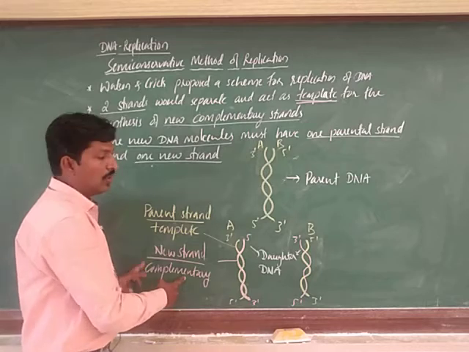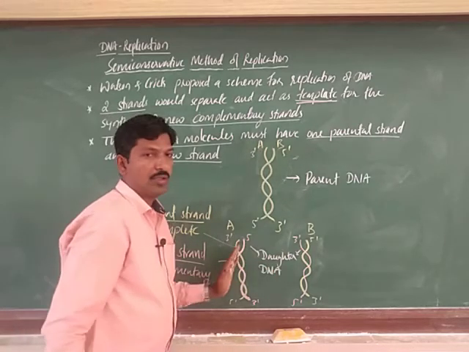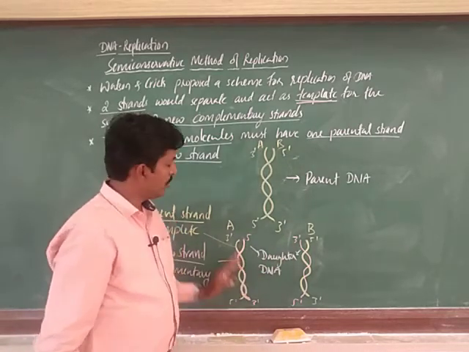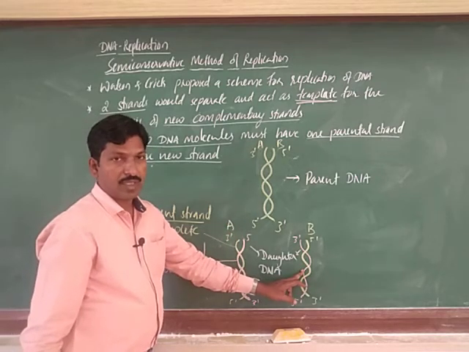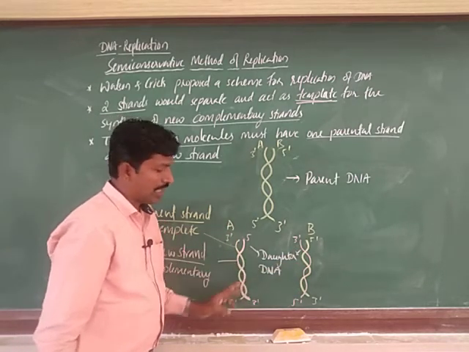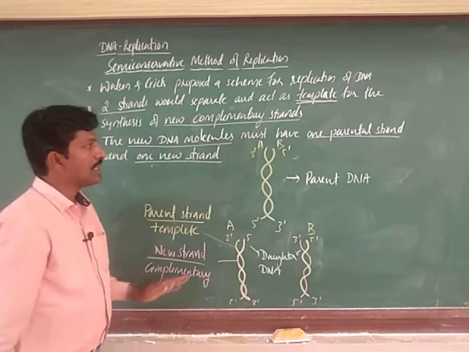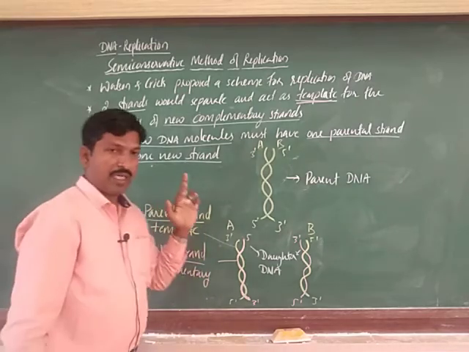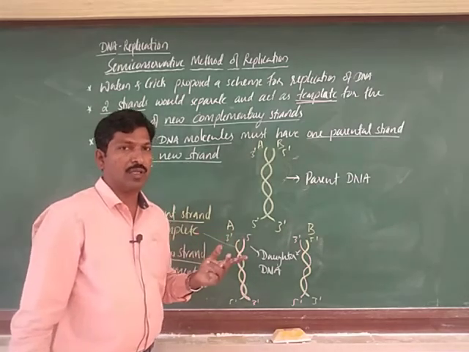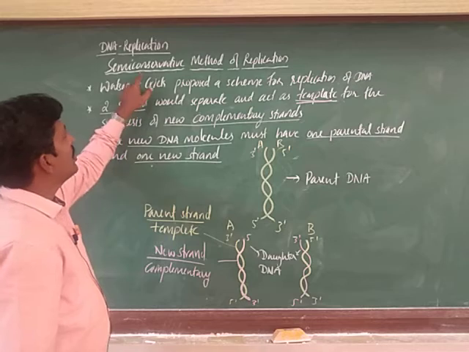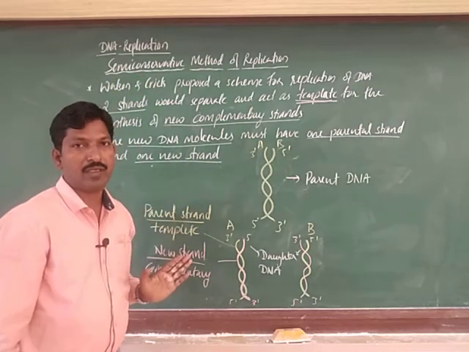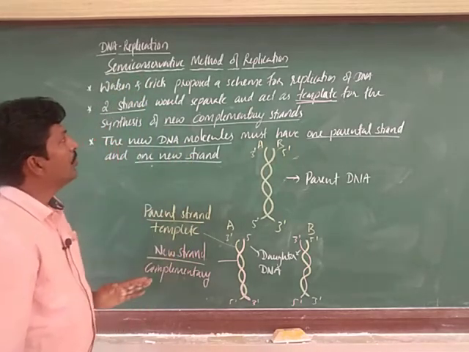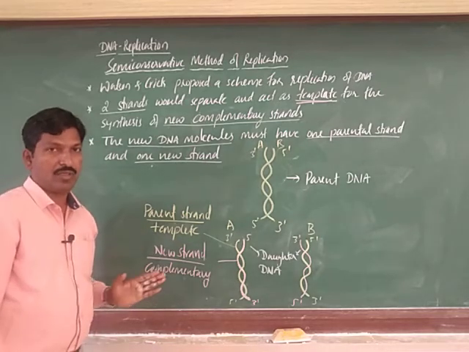This is observed in both daughter DNA molecules. Here the A strand came, and on this side the B strand came, and new strands are formed. Due to the presence of one parental strand and one new strand, we call it the semi conservative method of DNA replication.